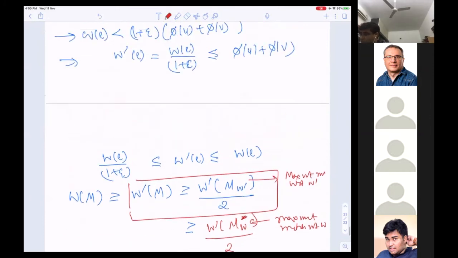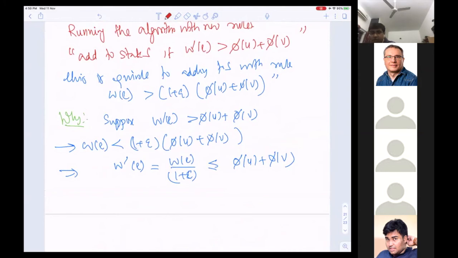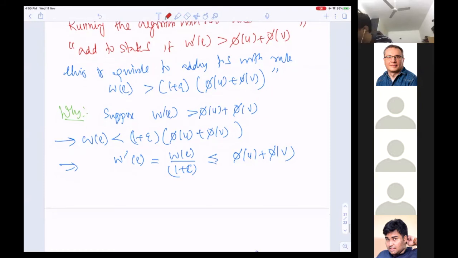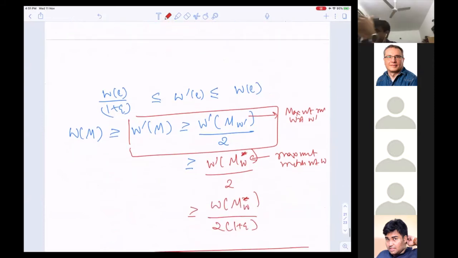So we just modified this weight function for the analysis, and even with respect to this new modified weight function we have this relation, but each edge is just a 1 by 1 plus epsilon factor away between W prime and W, and that gives me a bound of 2 times 1 plus epsilon, and that's all that it is saying.